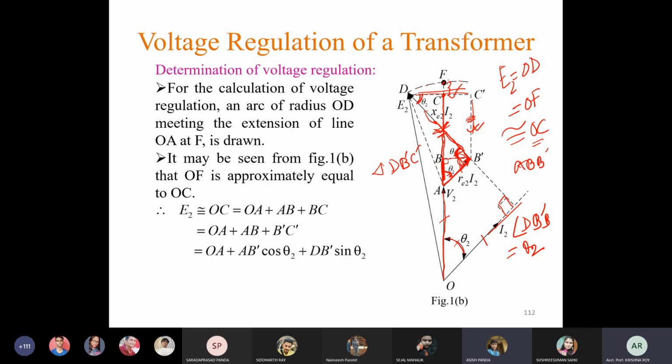Again we are expressing this B dashed C dashed in terms of this length I2 XE2, because that is the known length. Am I clear? Yes, sir. So now we can put the values of AB dashed and DB dashed. We can write this OA, that is V2, AB dashed is I2 RE2 cos theta 2, and DB dashed is I2 XE2 with sin theta 2.